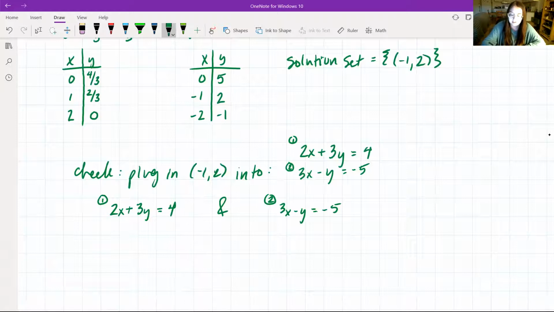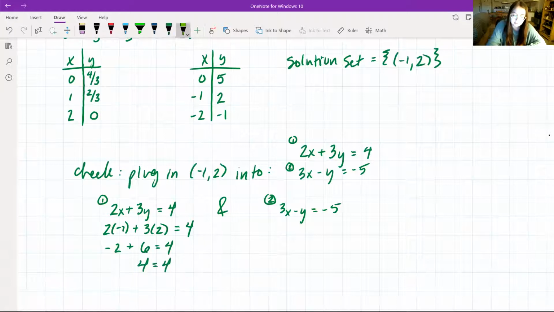So plugging in these values, 2 times -1 plus 3 times 2, we say is equal to 4. Well, 2 times -1 is -2, and 3 times 2 is 6. And -2 plus 6 is going to be 4. So we do have 4 equals 4, and -1, 2 is our solution for our first equation.